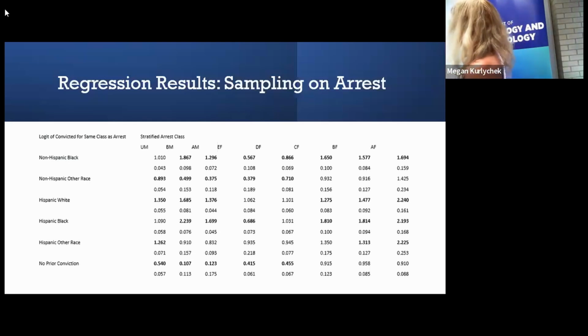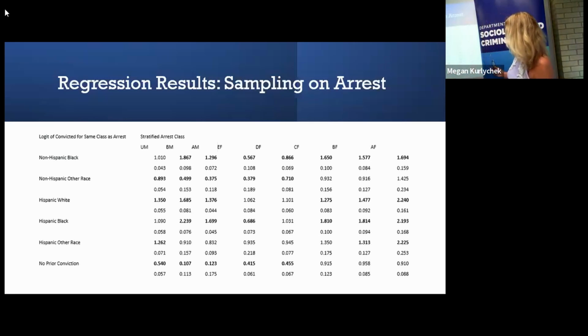So you see that you have, again, down in the lower levels, you have a higher odds of being convicted of the same offense. And then for Hispanics, you see Hispanic other races, it's much lower. So when you're controlling for some of the other factors, it flushes out a little bit differently. And we were trying to figure out how to make a graph of this. But for example, look at the Hispanic whites for an A felony. They're twice as likely to keep that A felony as a white, right? And for a non-Hispanic other race, the odds ratio is 1.4.